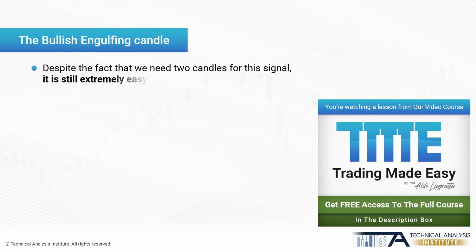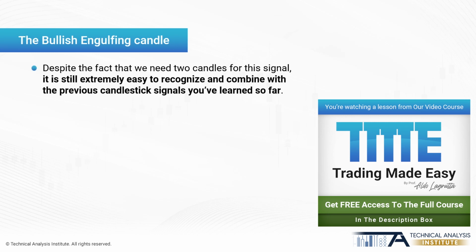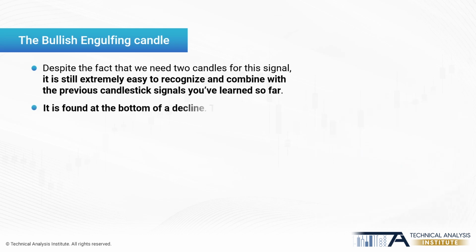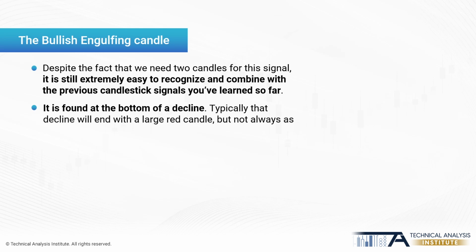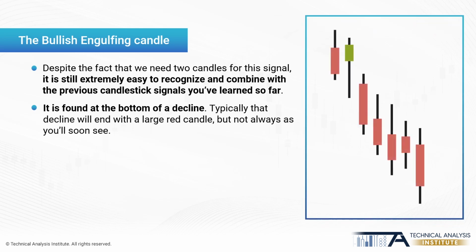Despite the fact that we need two candles for this signal, it is still extremely easy to recognize and combine with the previous candlestick signals you have learned so far. It is found at the bottom of a decline. Typically, that decline will end with a large red candle, but not always, as you will soon see.